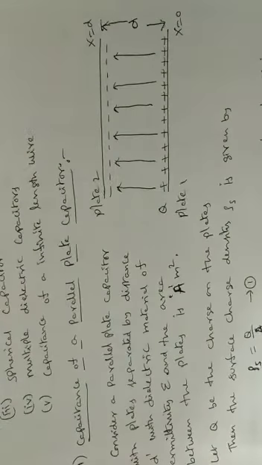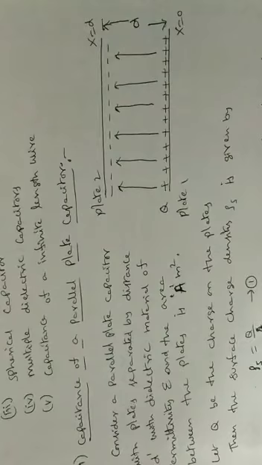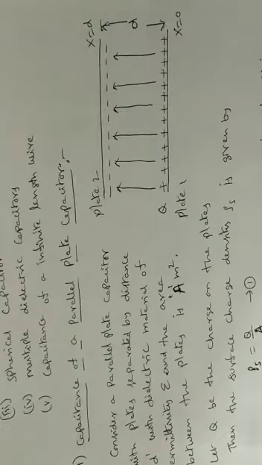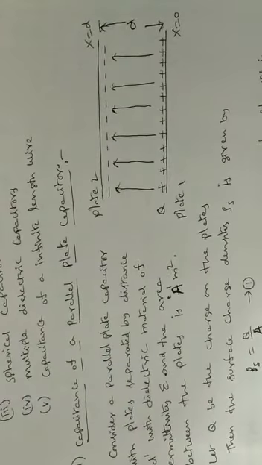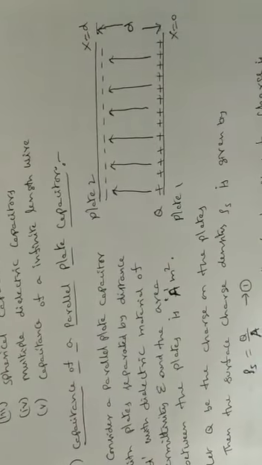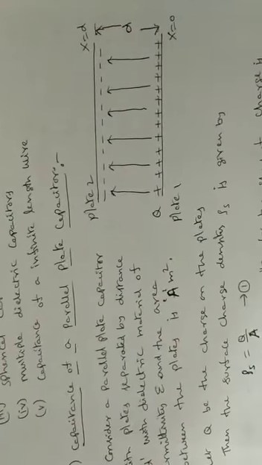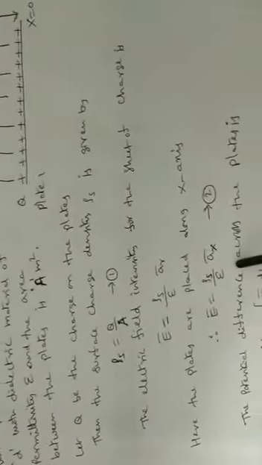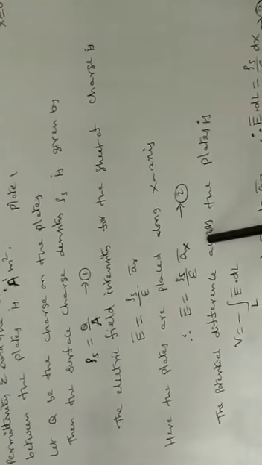And the standard potential difference, which you discussed in module 2: V is equal to minus the line integral of E bar dot dl. E bar is the electric field intensity, dl is the differential length, and V is the electric potential. So E bar is rho s divided by epsilon aX bar.